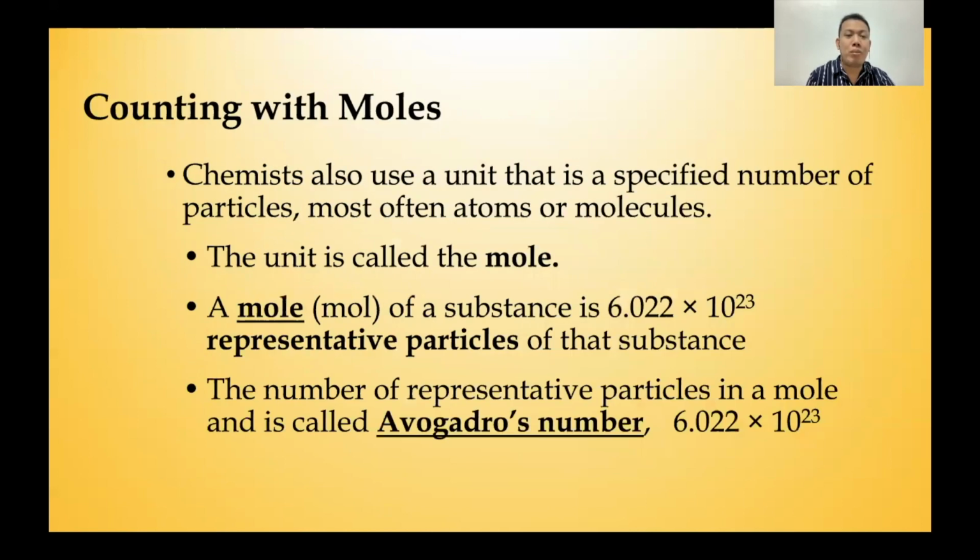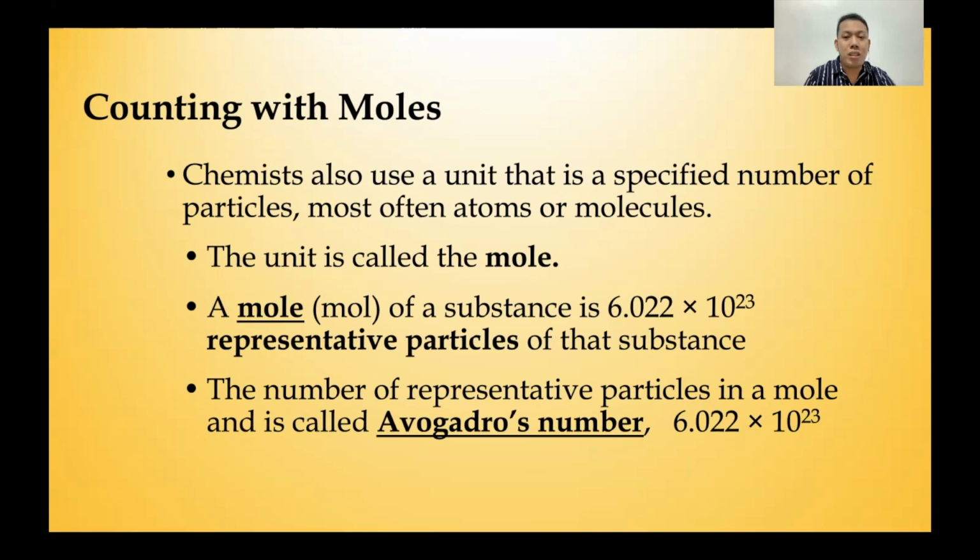So how about counting with moles? Chemists also use a unit that is a specified number of particles, most often atoms or molecules, and that is known as the mole. A mole is a substance which is equivalent to 6.022 times 10 to the 23rd representative particles of that substance.